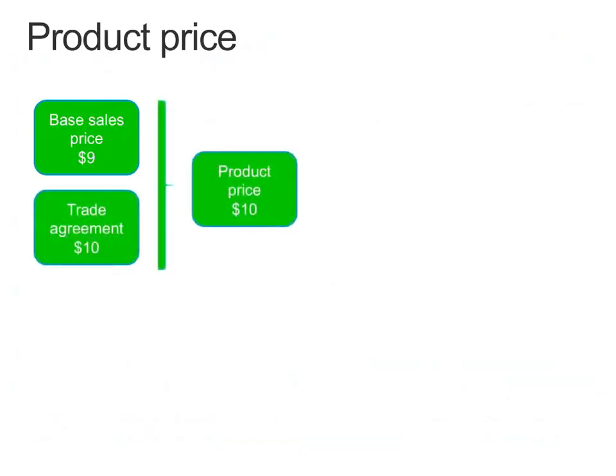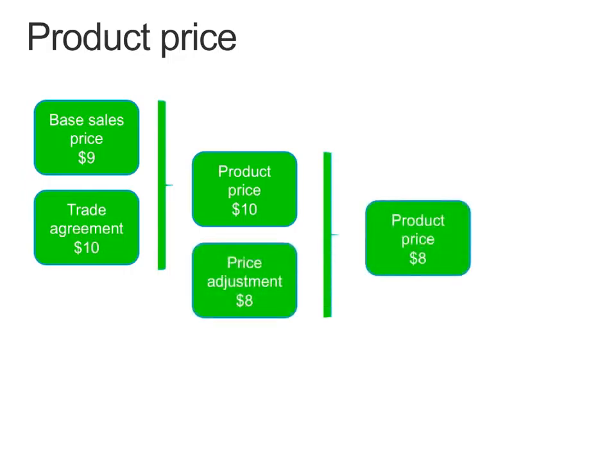So this is a quick overview of how we're calculating it. If there's a base price set up on the product, that's one of the starting points. If there's a trade agreement, even if it's higher, this is the one we're picking. So if there's anything assigned to the customer, the store, etc., this is the price that we're selecting.